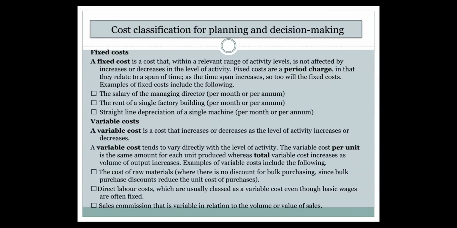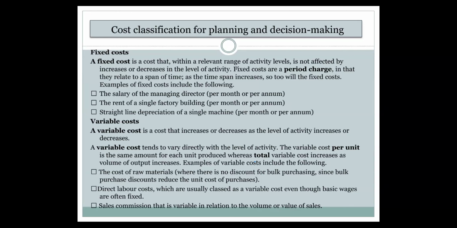Now, the point is cost classification for planning and decision making. For planning and decision making, we classify cost as fixed cost, variable cost, and another one is semi-variable cost.